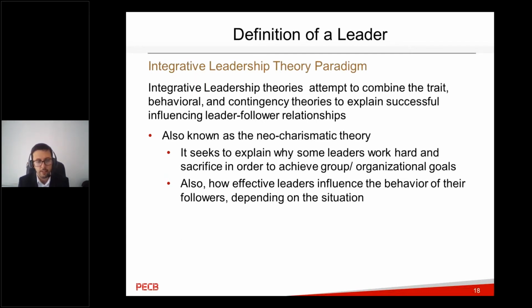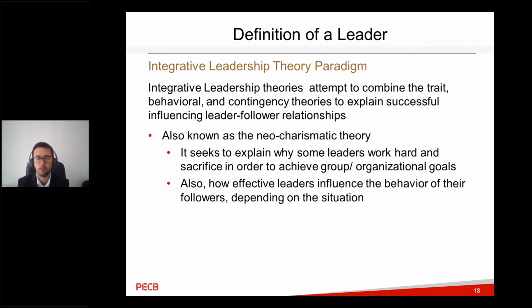This theory seeks to explain why, for example, some leaders work hard and sacrifice in order to achieve group and organizational goals, even if that might not be their own role as managers. They still tend to go above and beyond their job description in order to reach group and organizational goals. So in that sense, it also seeks to explain the corporate citizenship behavior that we discussed in the past.